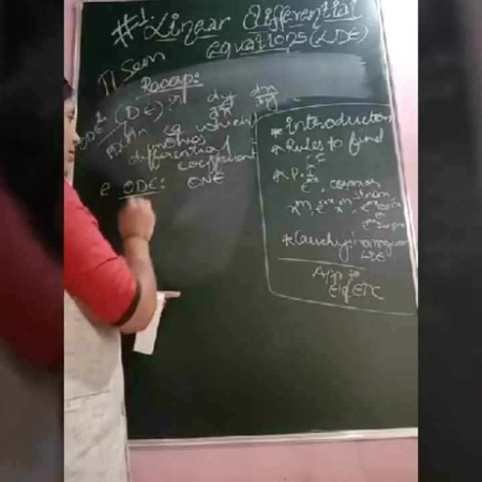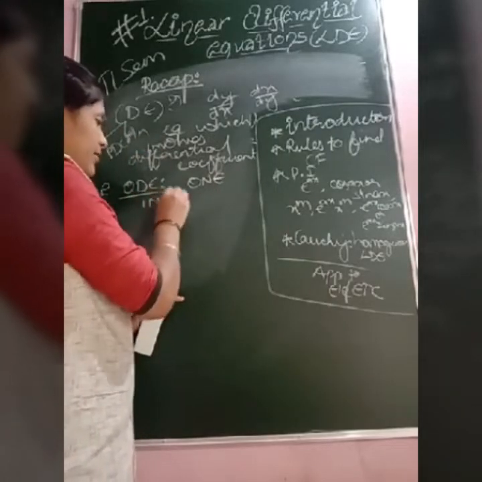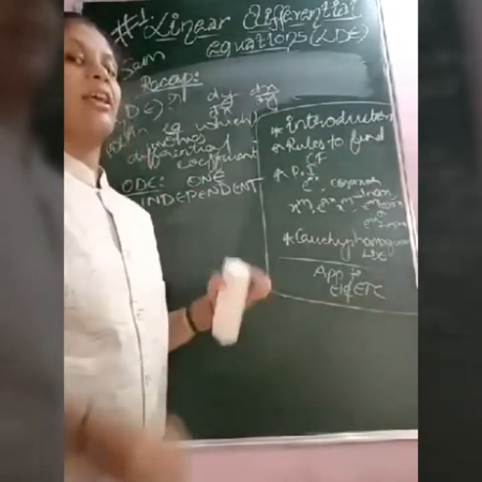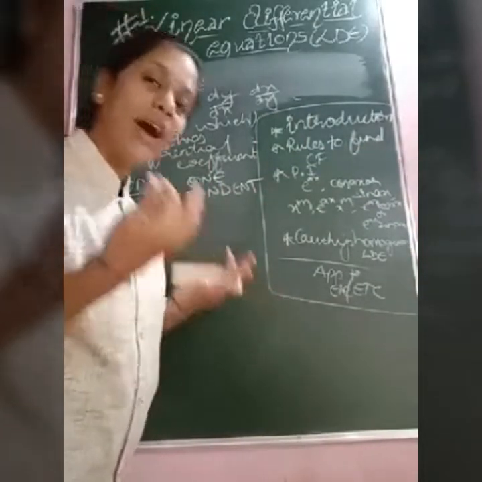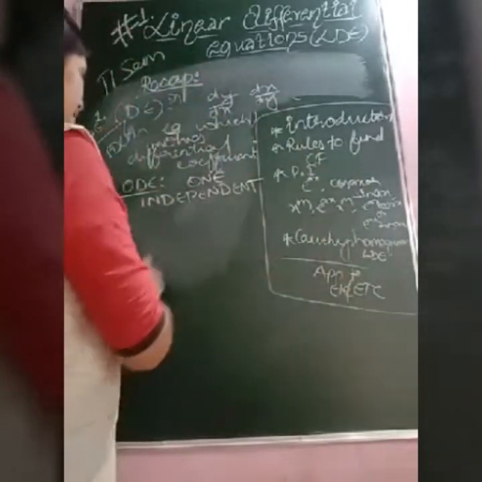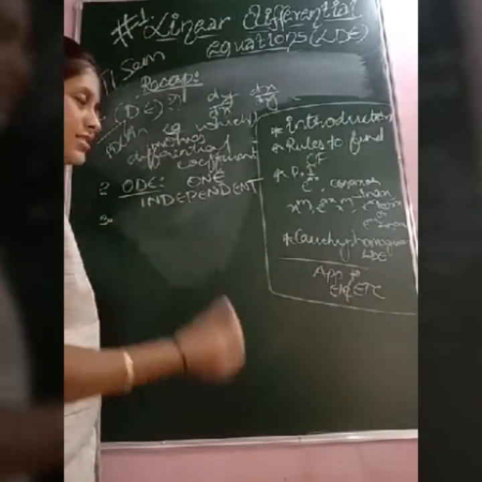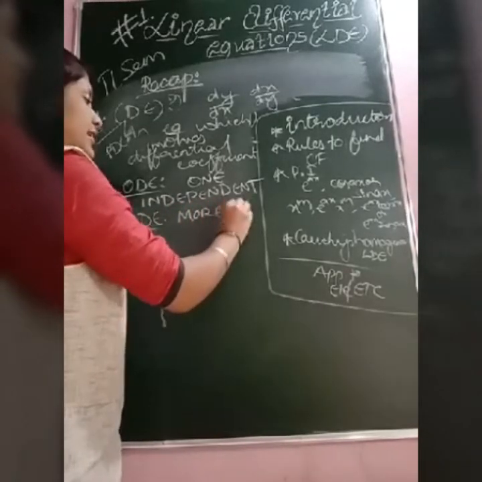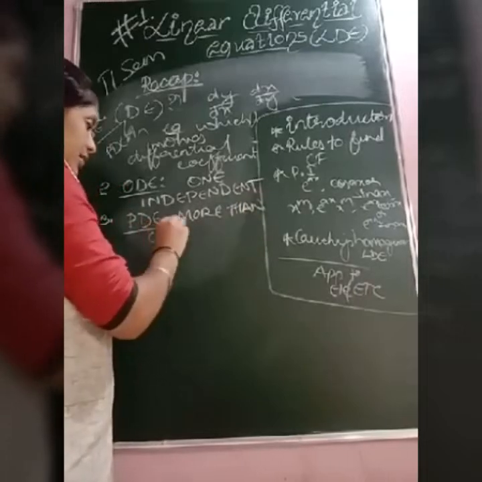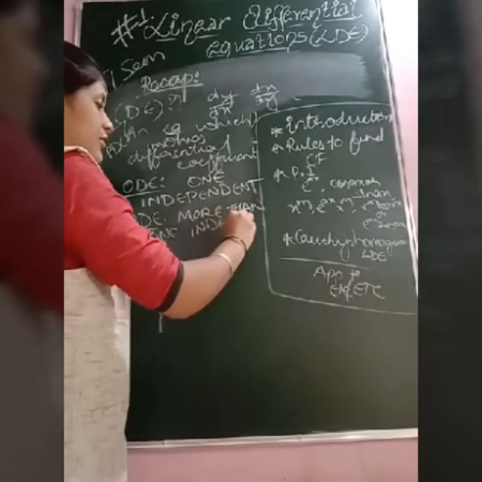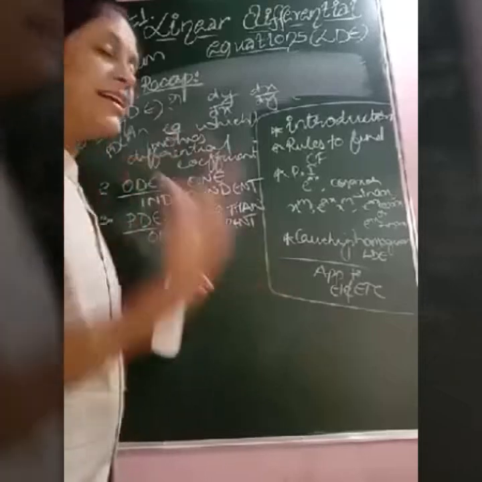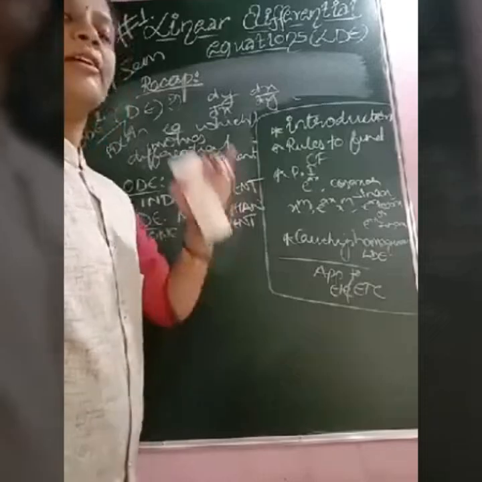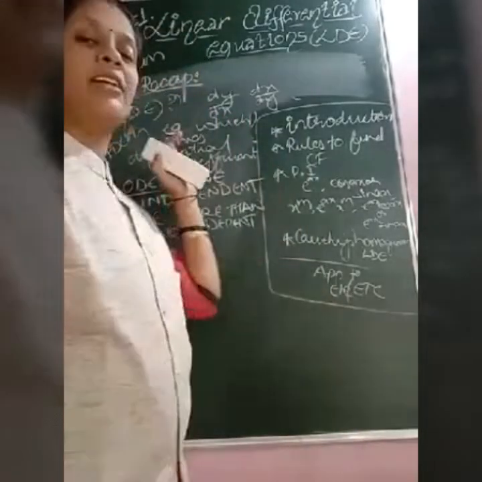If the derivatives involved are with respect to more than one independent variable, that is, partial derivatives, then it is known as a partial differential equation.